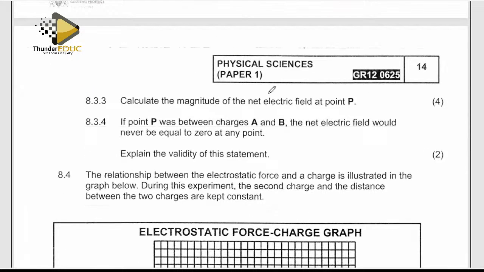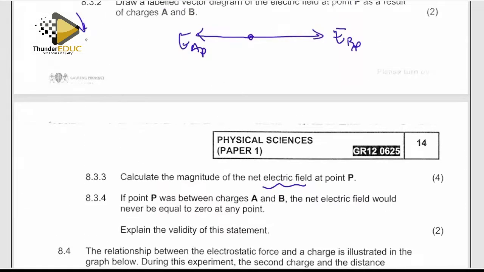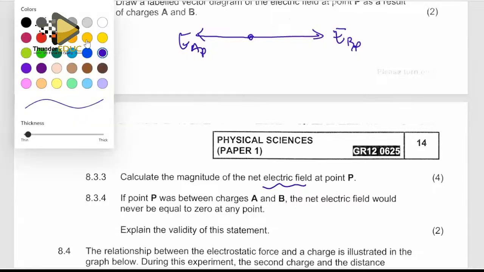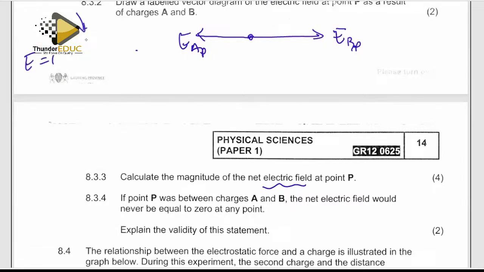Then 8.3.3, they want us to calculate the magnitude of the net electric field at P. So one thing we know about the electric field is given as E being equal to kQ over r squared.